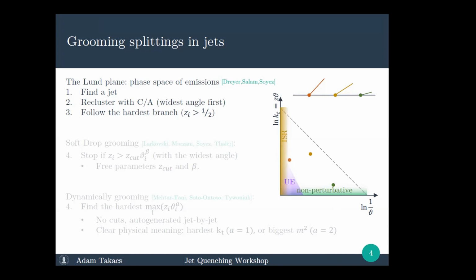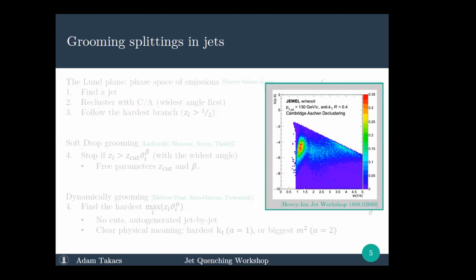If one would like to be less sensitive to these complications, the simplest thing one can do is to increase the energy of the initial parton or the jet. In that case, this boundary will simply shift up, and then you have more phase space for perturbative calculation, and the non-perturbative or more complicated part of the phase space will be less dominant.